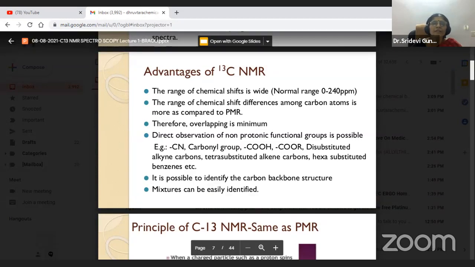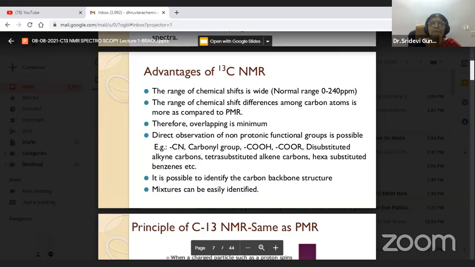And what is the other advantage? The chemical shift differences are also larger as compared to PMR. In PMR, since the range is very small, for almost all organic molecules the protons fall between 0 and 12 or 0 to 14 ppm, and 16 only for enols and specific protons.